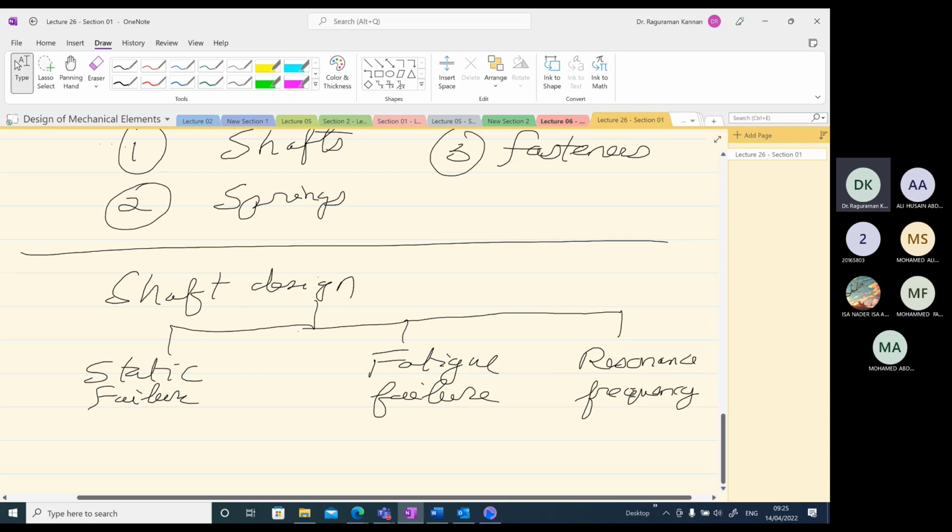Okay, so we will talk about resonance frequency as well, and something about the material selection process. That will also be there. Material selection, what kind of materials are used, and briefly about manufacturing processes.